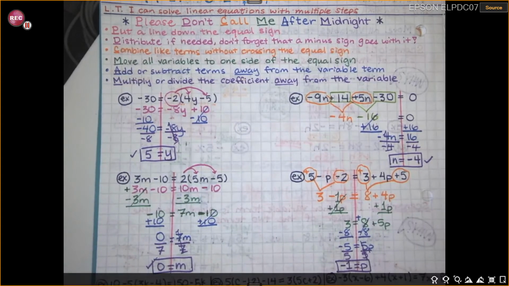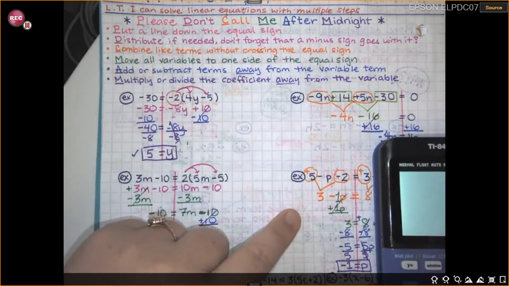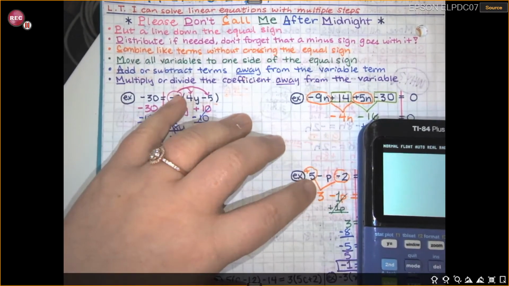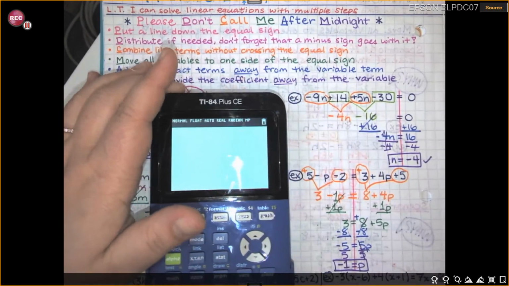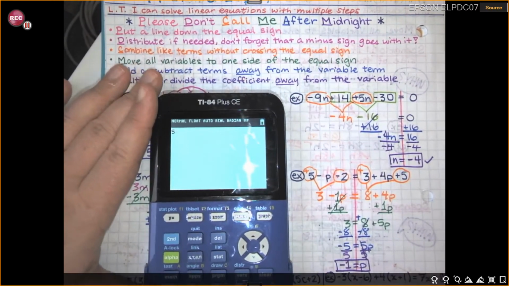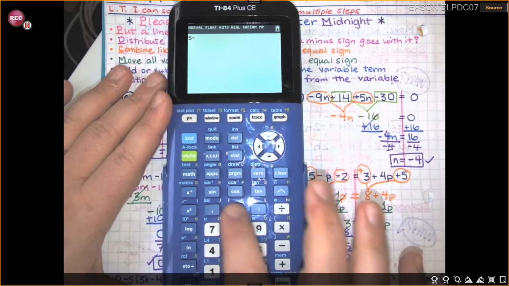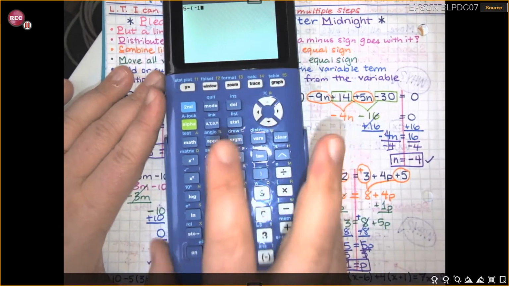Okay? So now we need to, again, one more time, give it a check. So we'll do this side. Now this is really important that the minus signs are different from a negative sign or you'll get the wrong answer. So we have 5 minus, I'm going to use this button, and then instead of p, I'm going to put in parentheses negative 1 using the negative button down at the bottom.